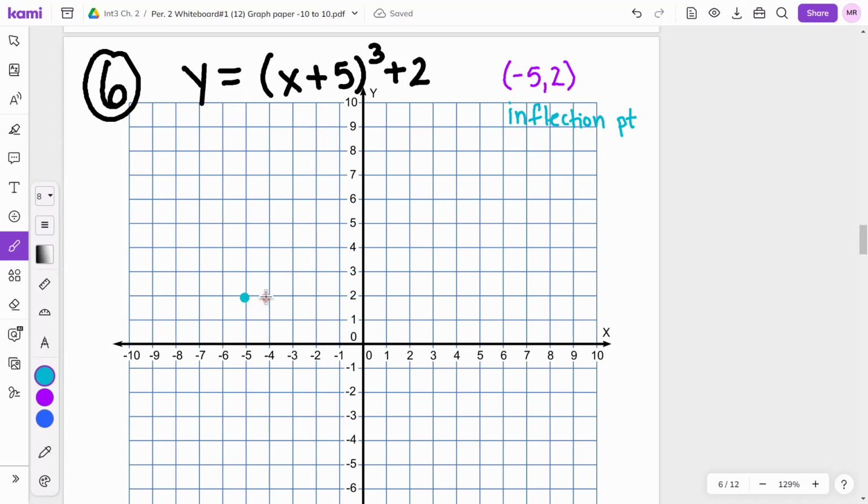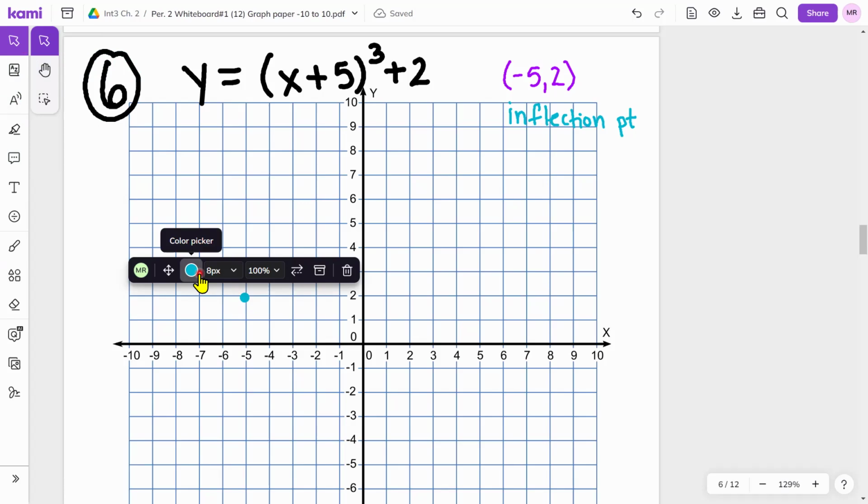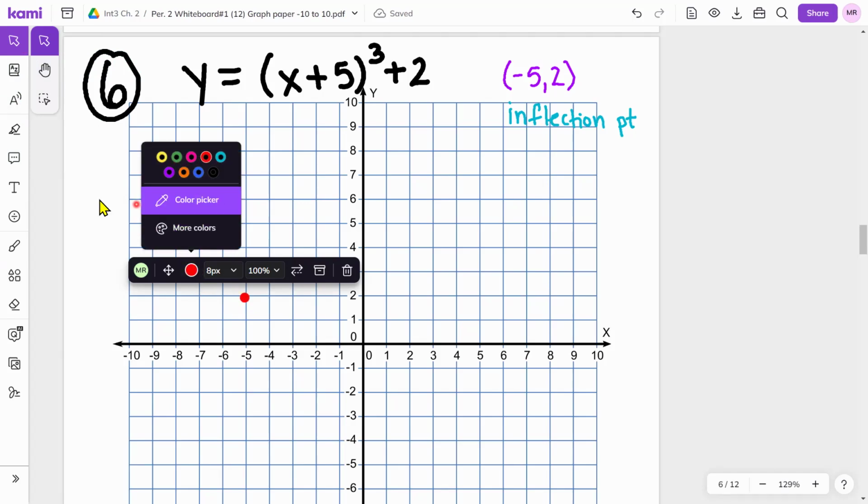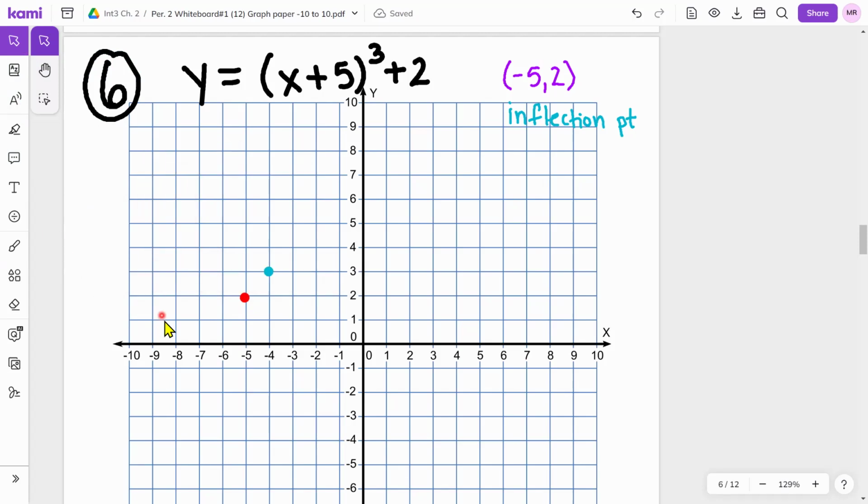I'm going to go 1 away. 1 cubed is 1. So I go 1 above. And I'm going to just change this color here for a second so that you can see the one that I am. That's my inflection point. It's a point on my graph, but I just want to make sure you see where it is. Okay. So that's where I'm always going.